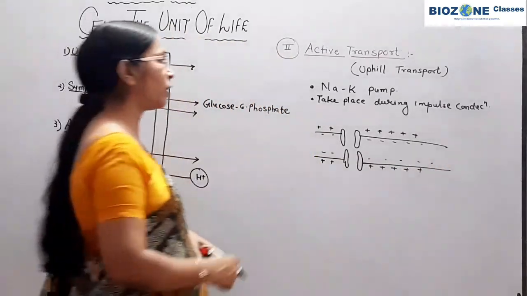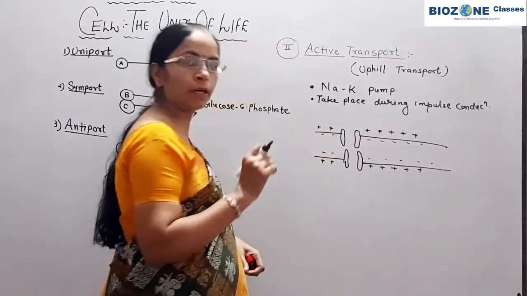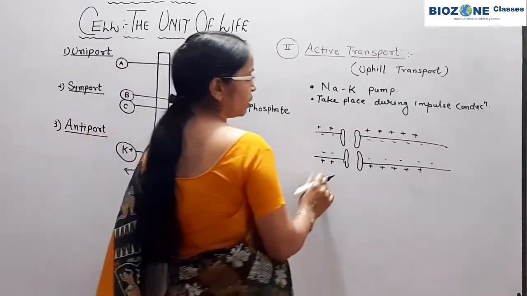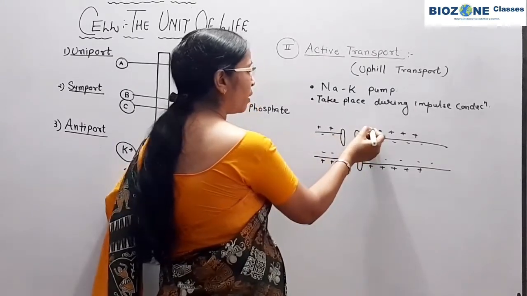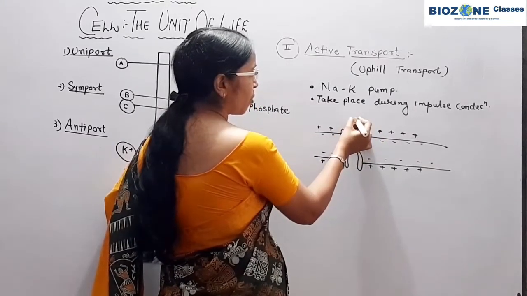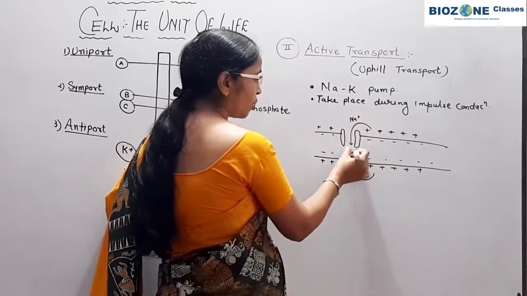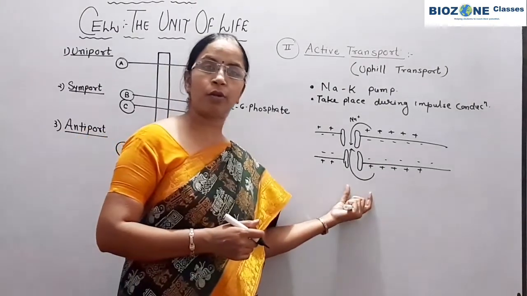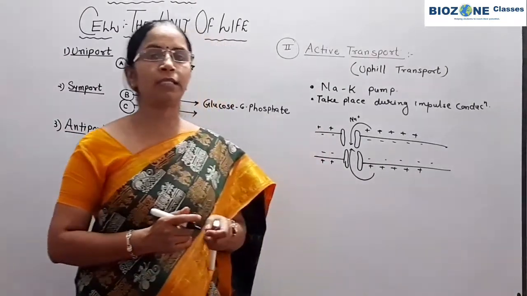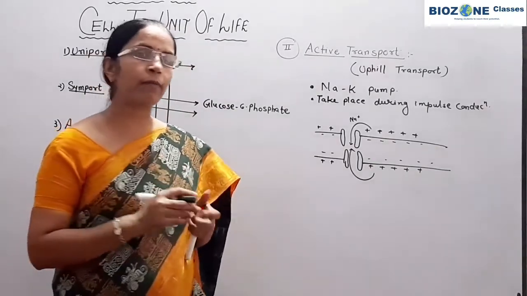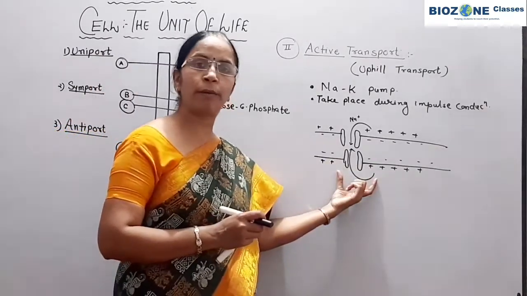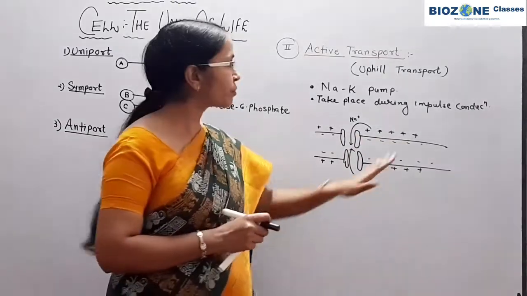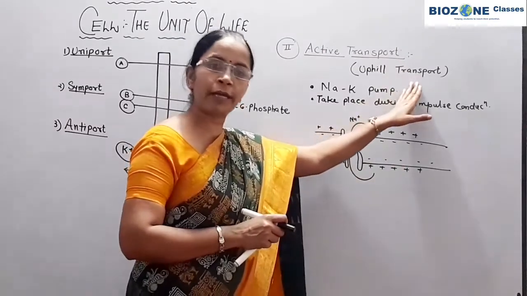We will study that in detail. When the stimulation is generated, external or internal, the sodium gate opens and sodium ions from the outer surface start to move towards the axoplasm. For 3 sodium ions, 2 potassium ions are transported, and for this kind of transport ATP is required. That part you remember for active transport.